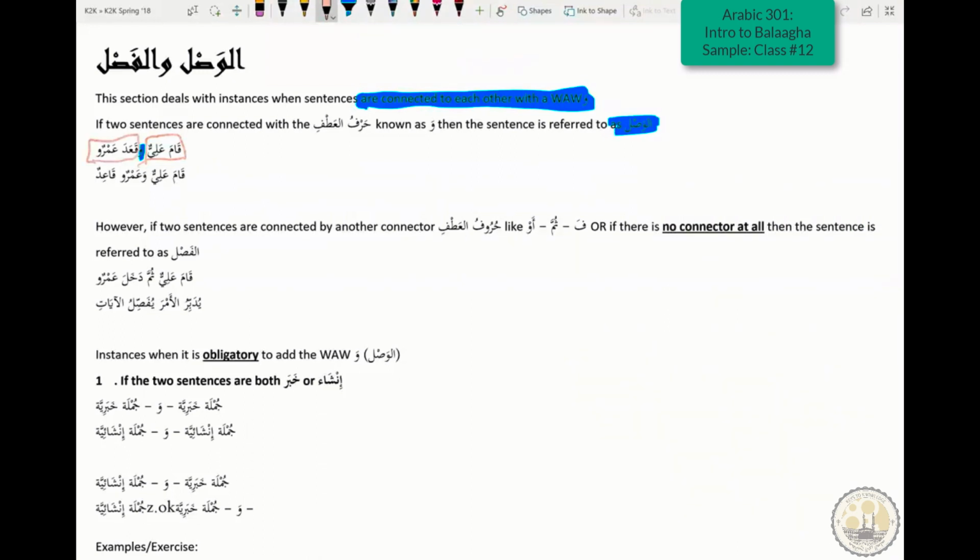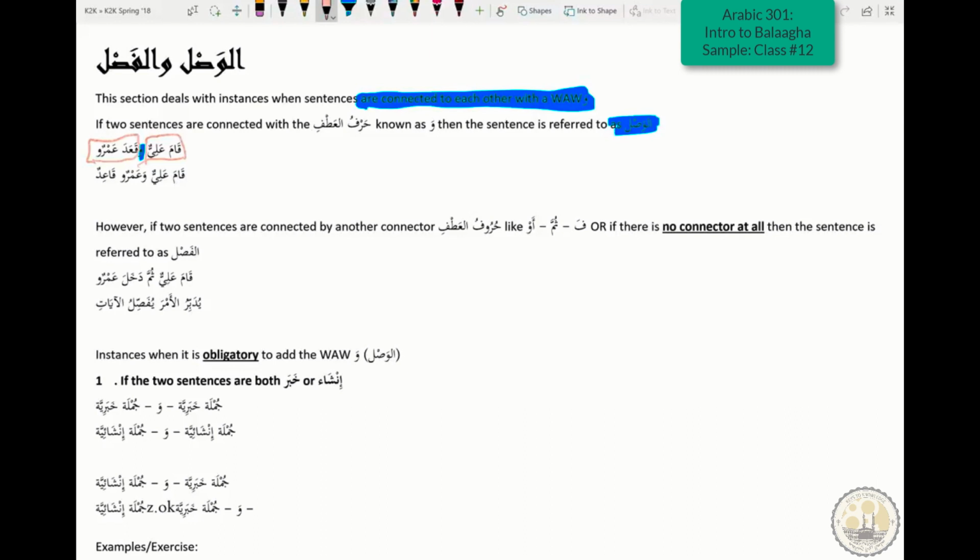Between these two sentences is the connector and, or waw, in Arabic. So because there's a connector waw between these two sentences, this sentence is known as al-wasl. Yani this whole statement, these two sentences combined together, will be known as al-wasl.